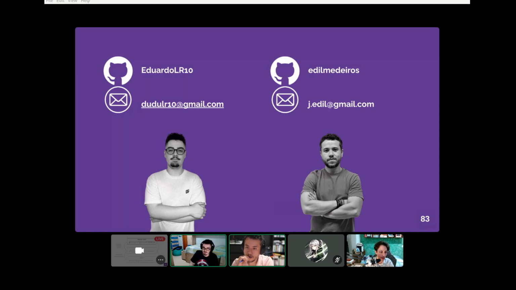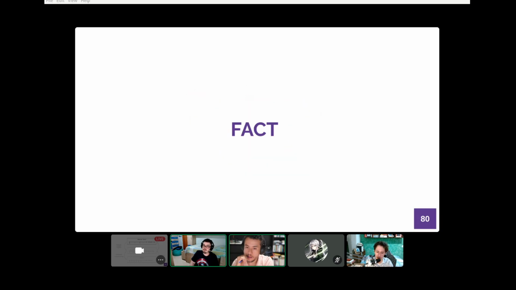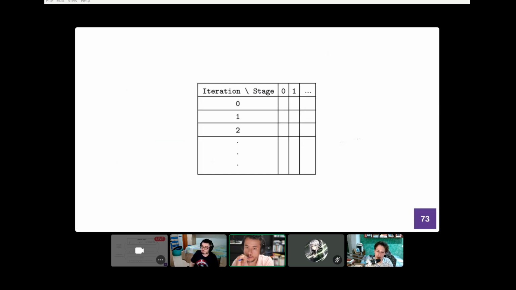Yeah, something else that I was talking to Edu about the other day is that maybe we don't need the entire table as well. Because if you think about it, if I'm calculating iteration x, do I really need anything other than x minus 1? I see. So you want to split and segregate by recursion, something like this, right? Yeah.